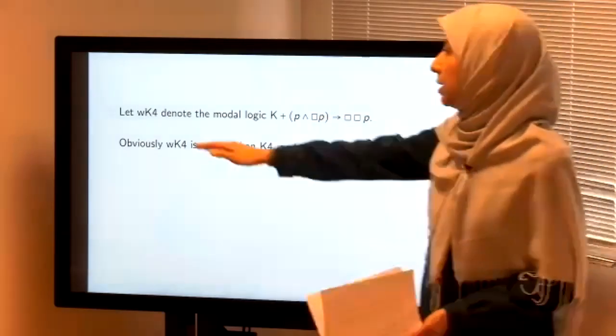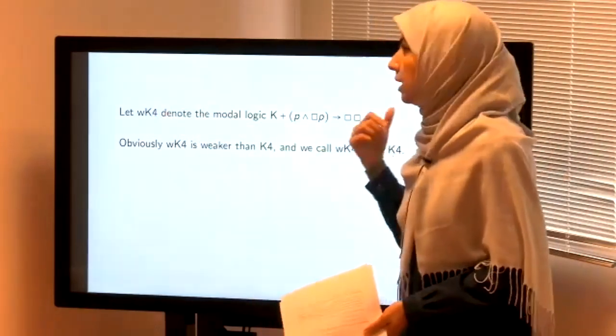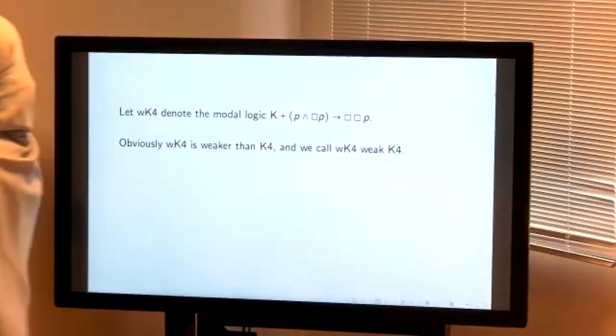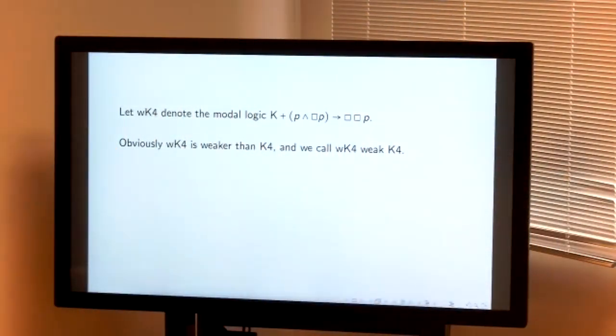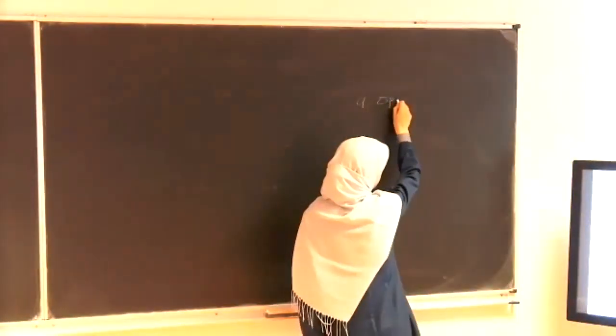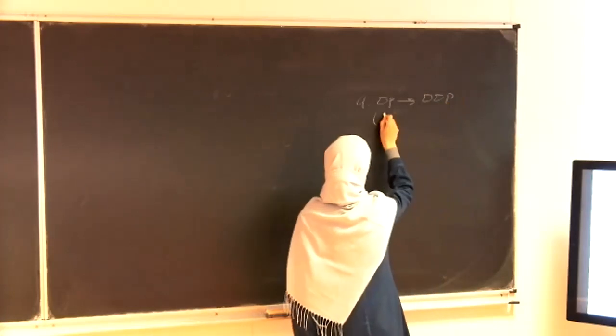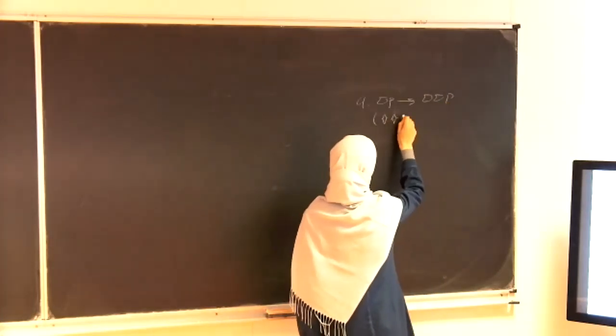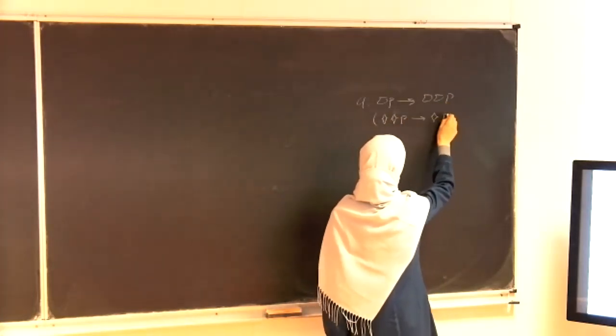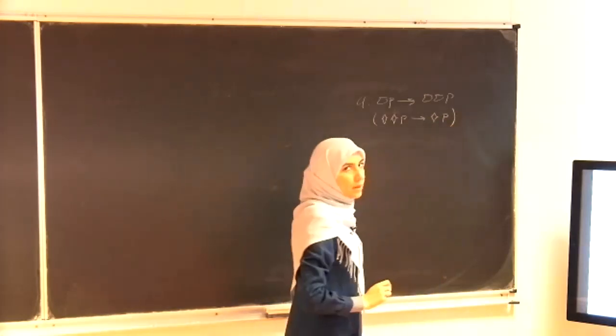We call it WK4 because, if you remember, 4 is the axiom box p, then box box p, or equivalently diamond diamond p, then diamond p.